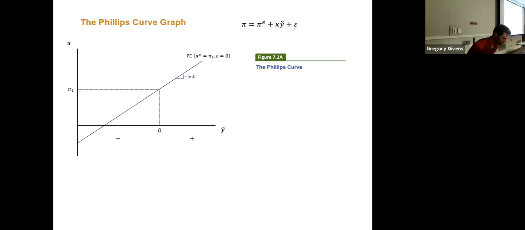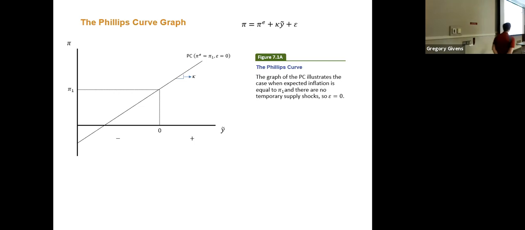Okay, let's talk about this a little bit more here. So this is a graph of the Phillips curve. What if I were to tell you that there's currently 0 output gap, so output is equal to potential, and there are currently no supply shocks, and that expected inflation was exactly equal to pi 1, okay?